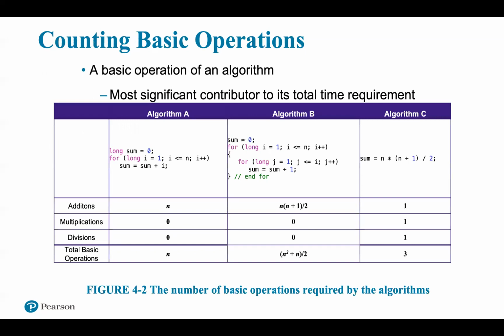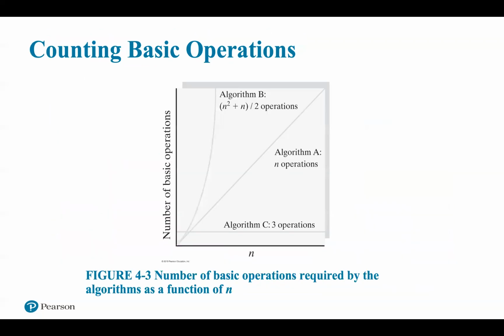So coming back to this simple summation, here we have counting basic operations and a comparison between these three things: the number of additions, the number of multiplications and divisions, and the total basic operations. And you can see there's a wide range of the number of operations that are going on. And so this next chart and graph gives you an idea of the number of basic operations required for each of these three algorithms.